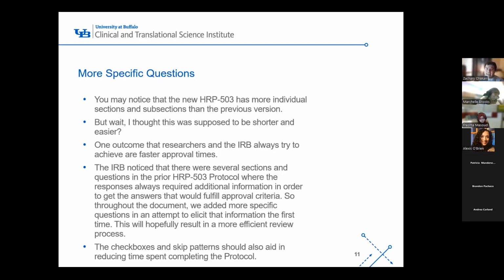We might need to see an answer to each of those sub-questions within a question, if you will, in order to help make a determination if something meets exempt versus expedited criteria, or whether the risk level is appropriate, or whether the confidentiality information includes everything that we need to know to make sure that that risk is minimized.